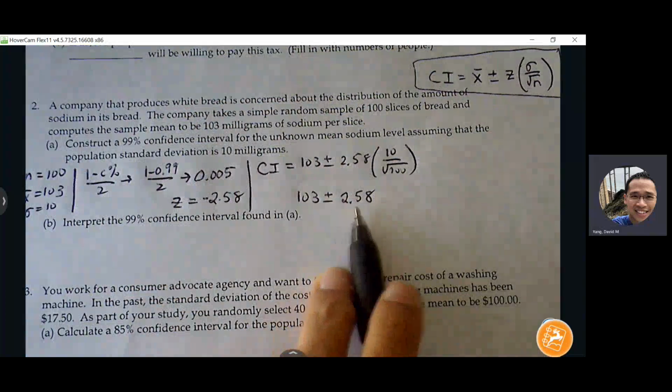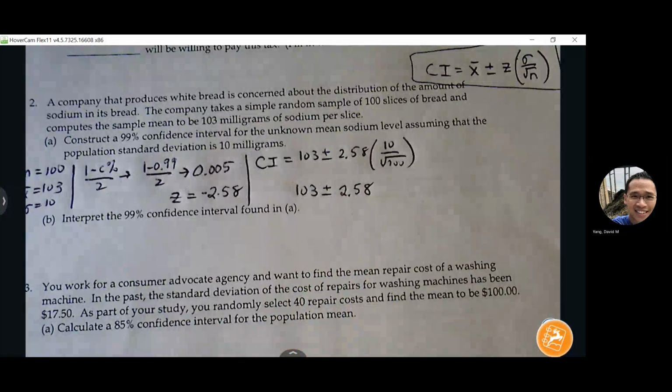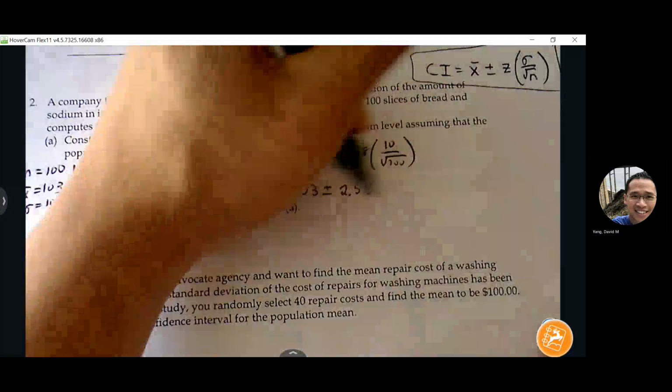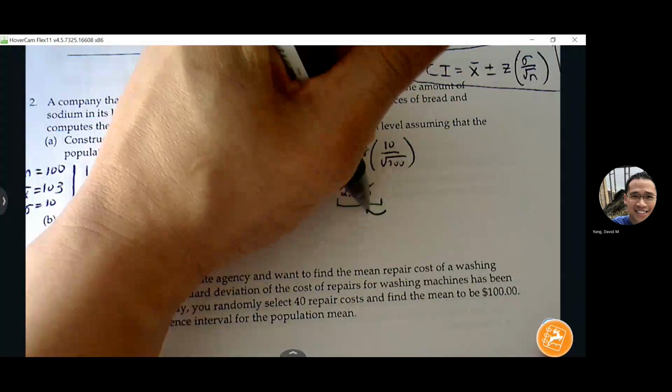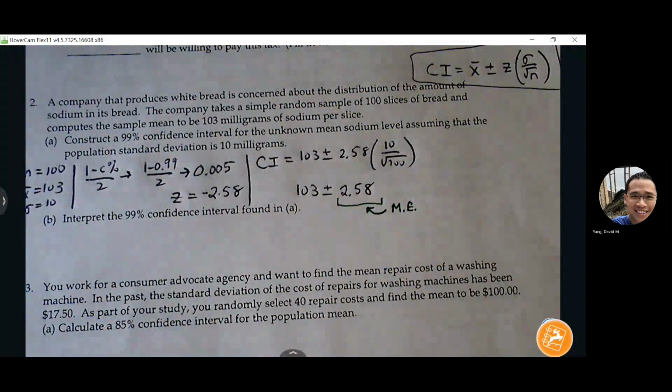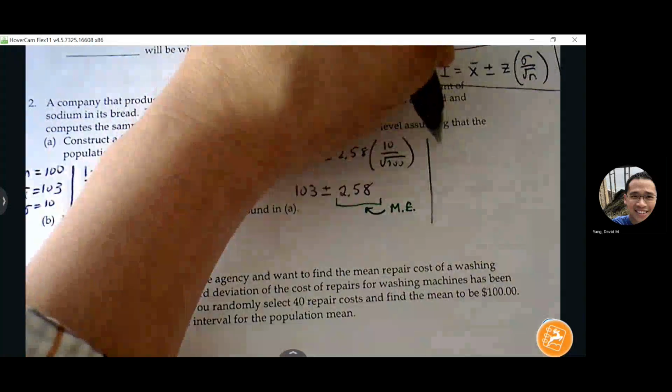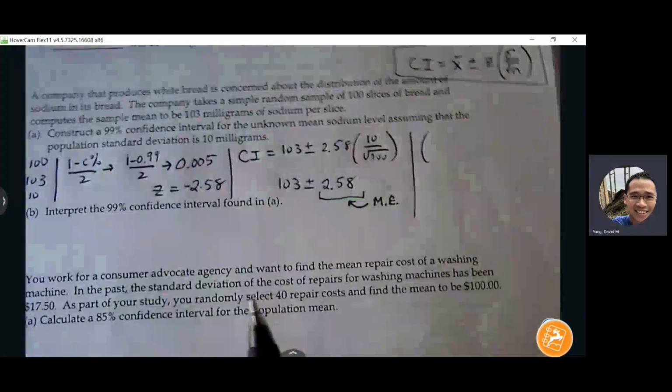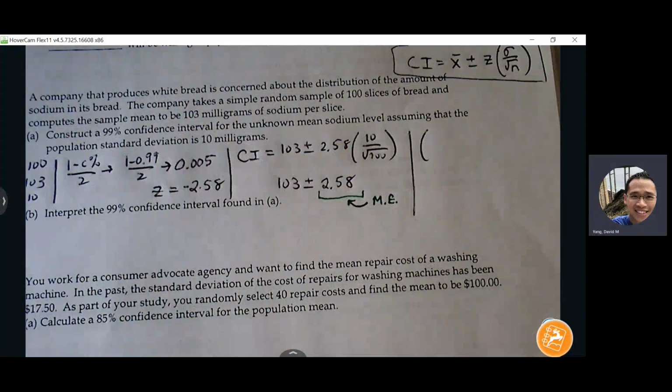Okay, so that 2.58 is your margin of error. 103 minus 2.58, that's my lower bound.